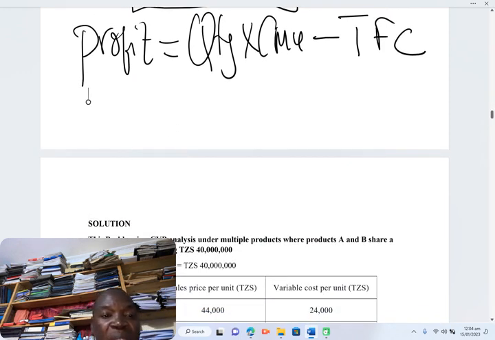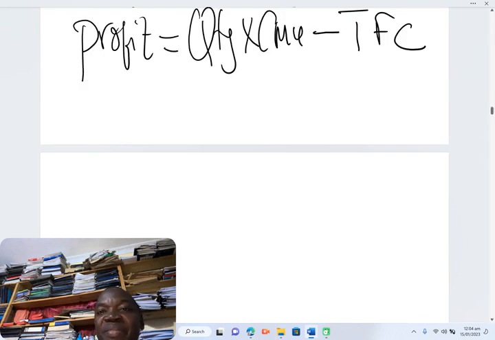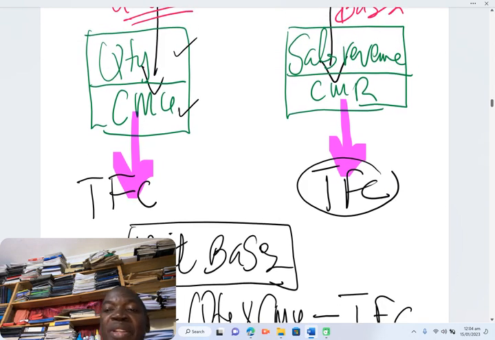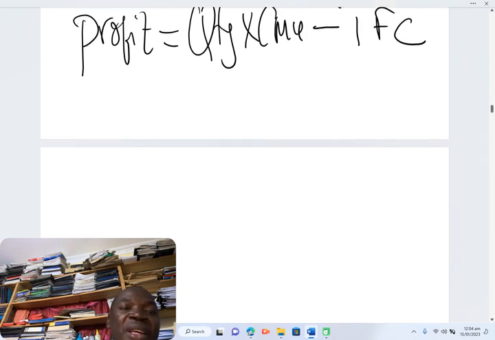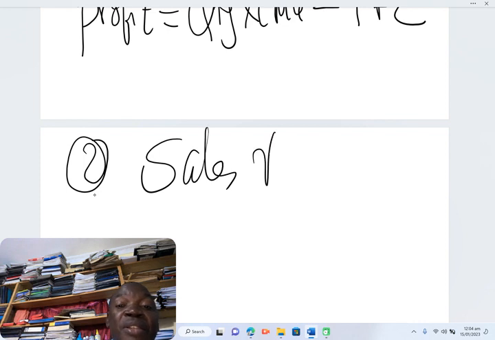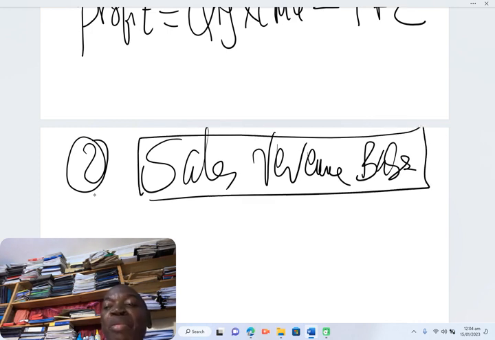Number two, when a CVP question is asking about sales revenue basis, how do you handle this problem? CVP is now simple with sales revenue basis. What is the important formula?